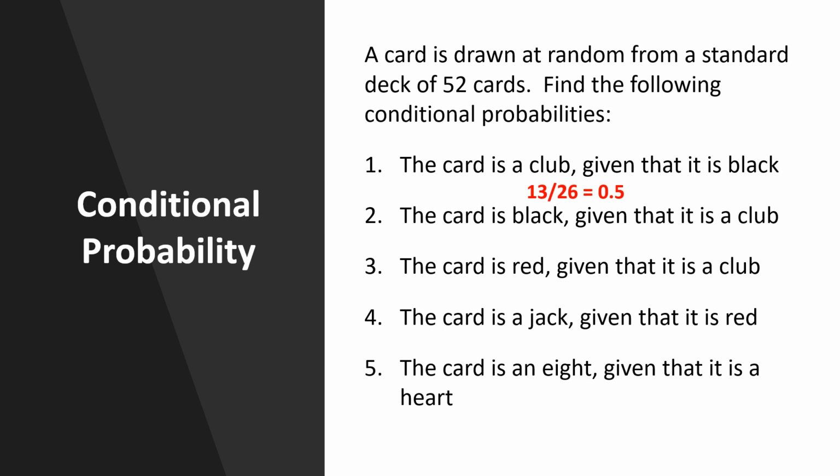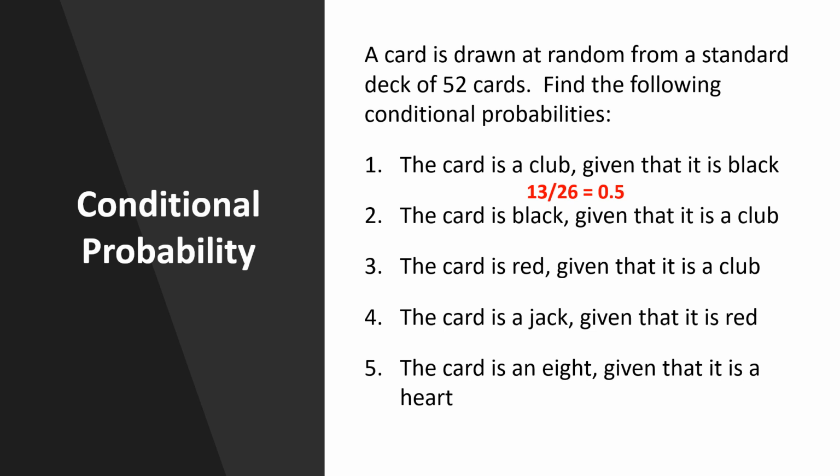So number 2, the card is black given that the card is a club. Okay, we're given that the card is a club, so we ignore the other 3 suits and we only focus on the clubs. There are 13 clubs. Out of the 13, we want to know what's the probability that the card is black.